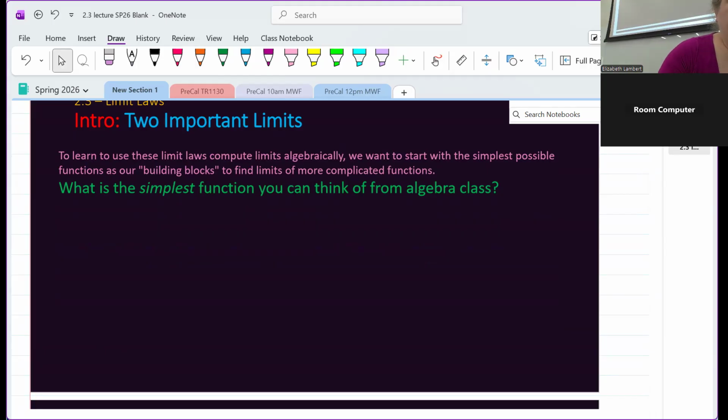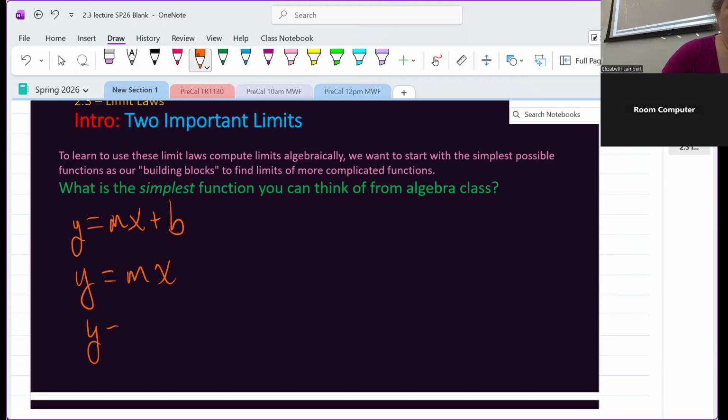Now, can we make mx plus b like even more basic? Like what's the most basic line we can think of? Yep. And then what about making the slope even more boring? Yep. And then the flip side of that is, well, what if we didn't even have an x?